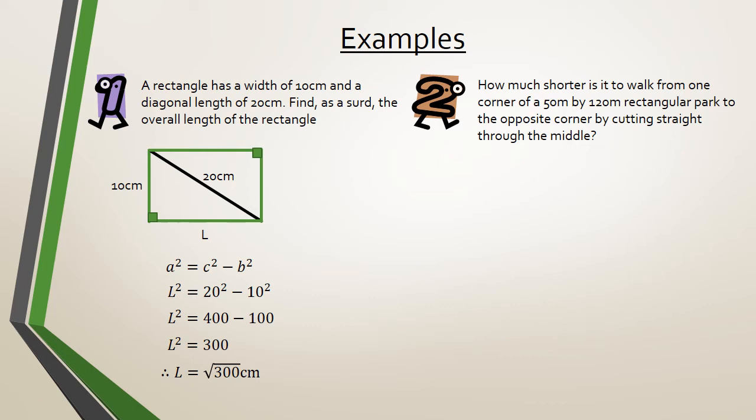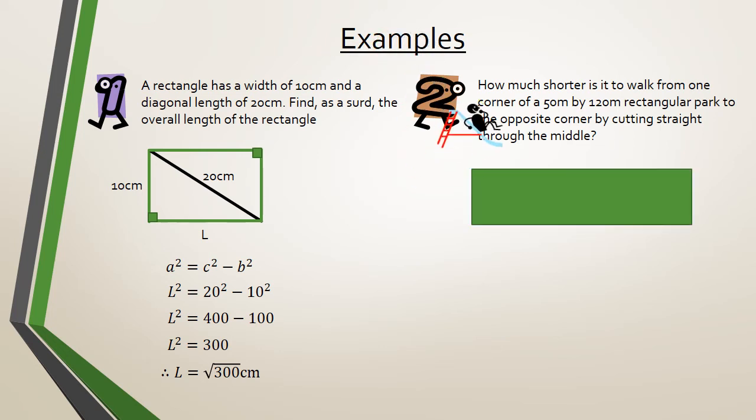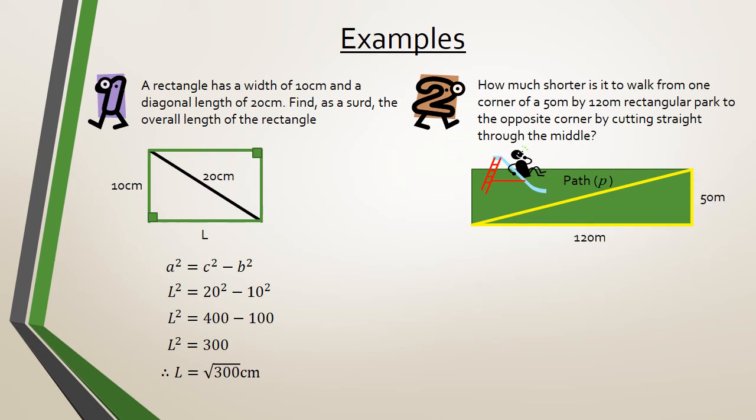So we have a rectangular park, it's 50 metres by 120 metres. There's a path going through the middle. So here's a park and a guy on a slippery dip for some reason. And a path through the middle, which I'm going to call P. And we know that it's 120 metres by 50 metres. So we can see the path is the hypotenuse of this particular triangle.